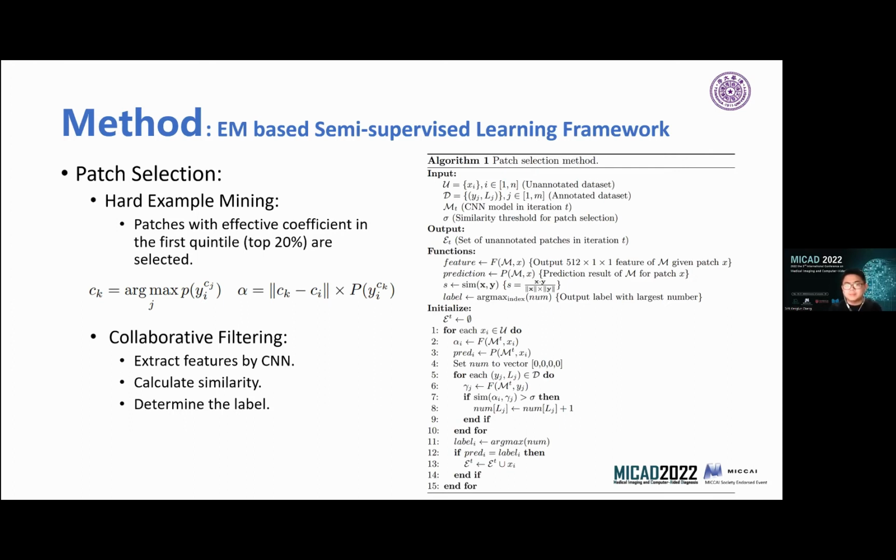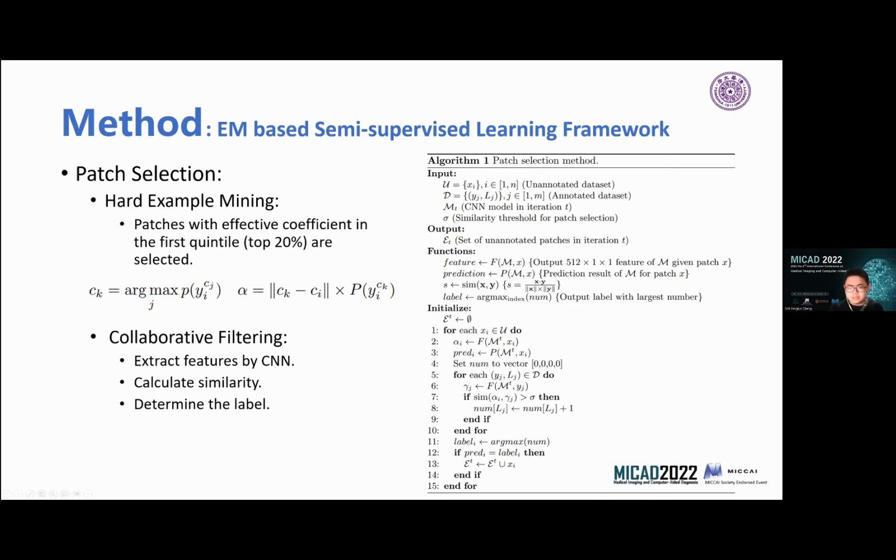Then we apply the majority voting method to the above computed pages to determine the label of the unannotated page. If the assigned label is consistent with the P D1, then we insert the unannotated page into E t, which will be used for the next stage of training. Here, C_i denotes the class label of the page X_i, and P denotes the probability map.